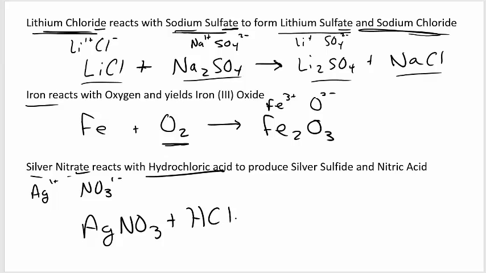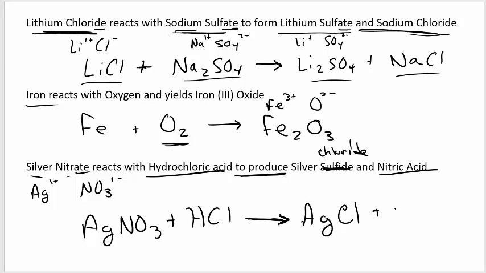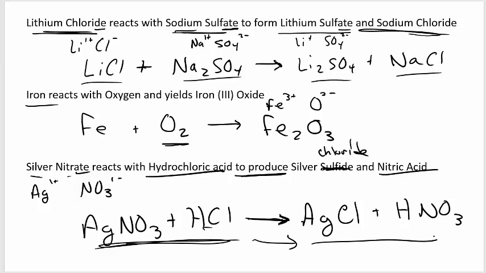Hydrochloric acid is HCl. To produce, so we write our arrow. Silver, oops, this is a little bit of a mistake here. That should say silver chloride. Sorry. So we have silver chloride, and then nitric acid would be HNO3. So again, what we're really doing here is just writing the formulas, the reactants on the left, the arrow meaning to produce or yields, and then the products on the right.